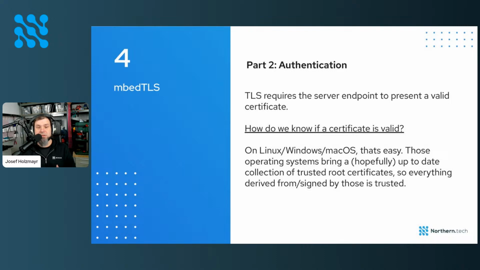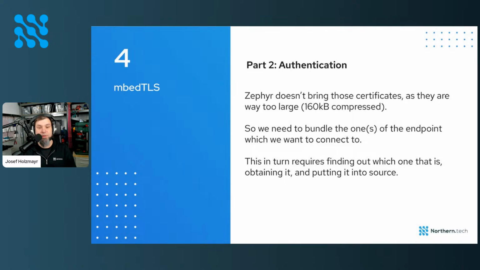And so how do we do this on an MCU like that one? The answer is we need to find out which is the one that we are relying on, obtaining it, and then actually putting it into the firmware.